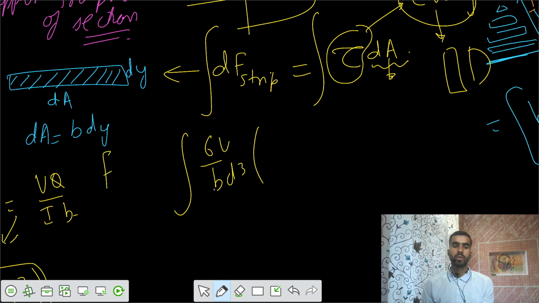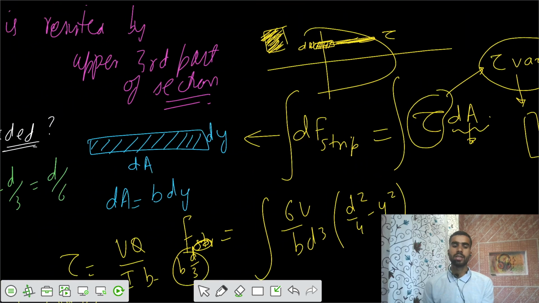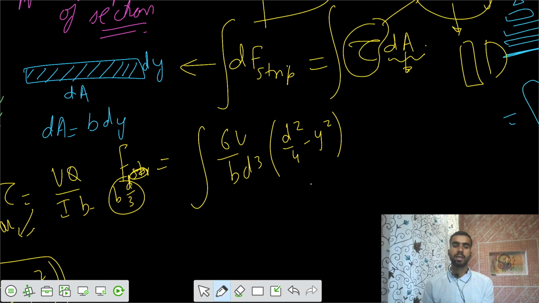So that means the total force resisted by that shaded area, for an area of bd by 3, would equal the integral of 6V by bd cube times (d square by 4 minus y square). Then the small area of that strip is b times dy.